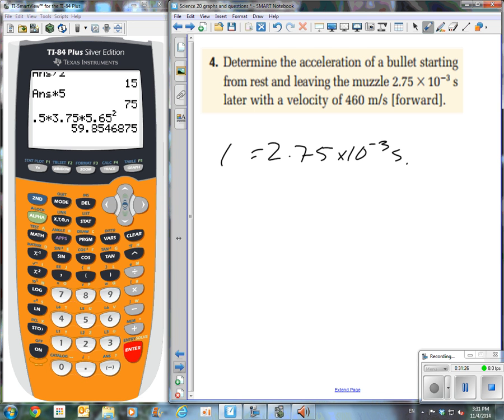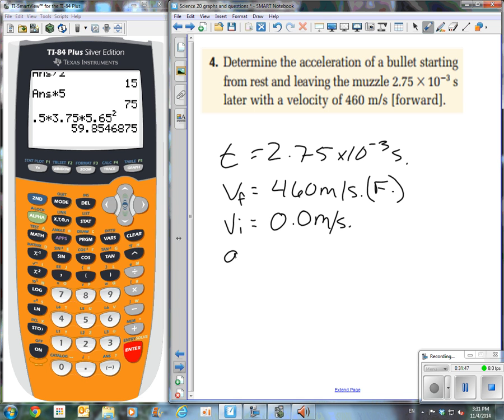Seconds is a unit of time. It says that it is traveling at a velocity of 460 meters per second. This is forward. It says that the bullet is starting from rest, so its initial velocity is 0.0 meters per second. And the question is asking me for the acceleration.